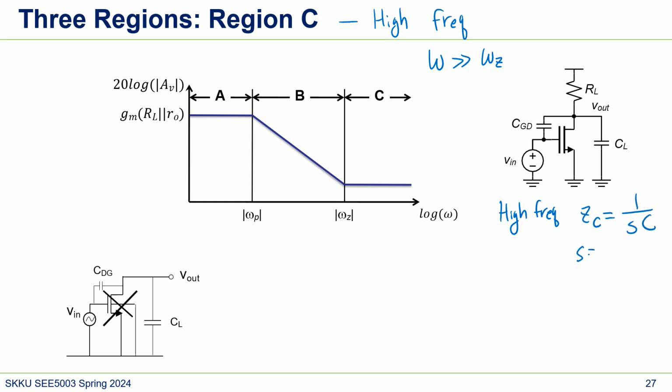And S is j omega. So in high frequency, the impedance of ZC, the capacitor, is getting small.